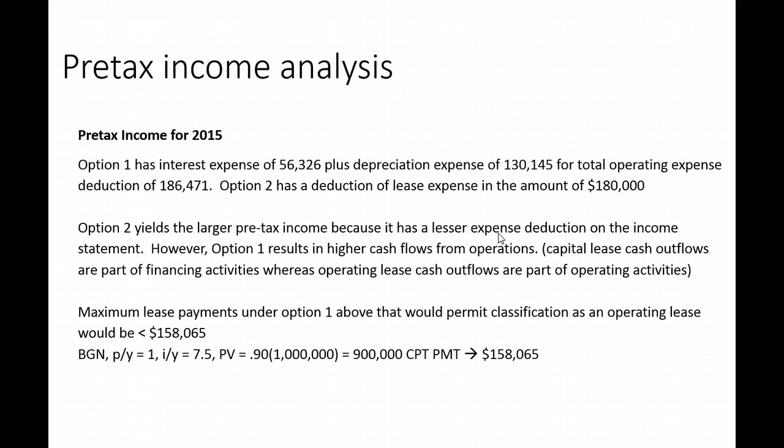On the other hand, some management is going to be more interested in cash flow. Now, for the cash flow option, there's a couple of things going on here. One is that option number 2 is the higher cash outflow, right? $180,000 compared to $160,000 each year. So option number 2 has a higher amount of cash outflow.